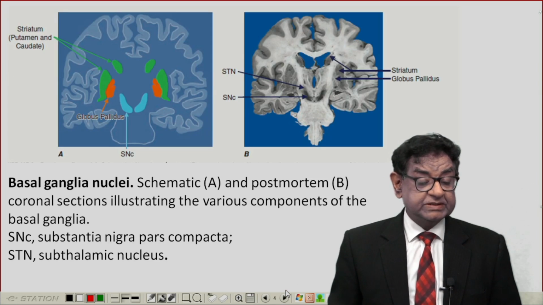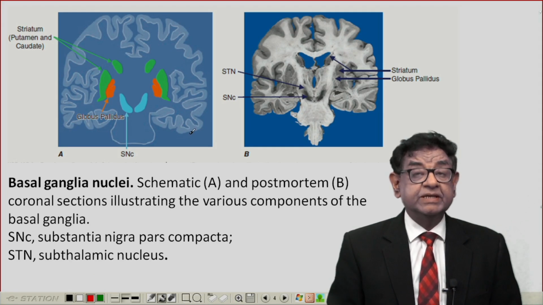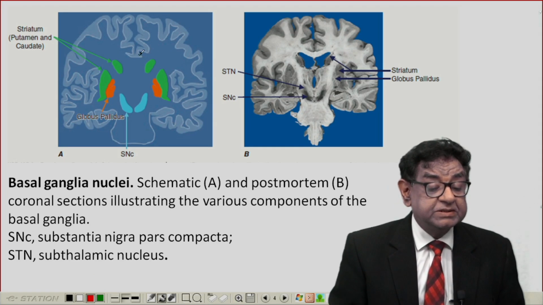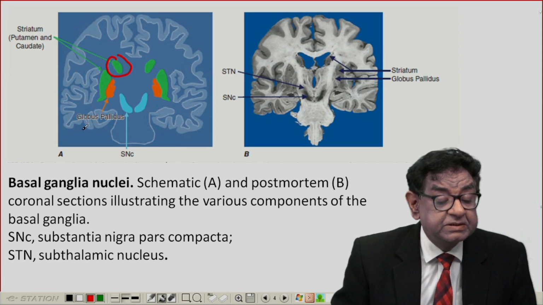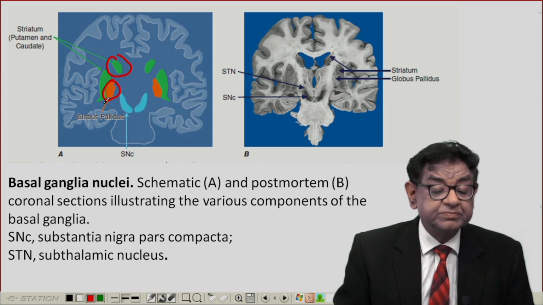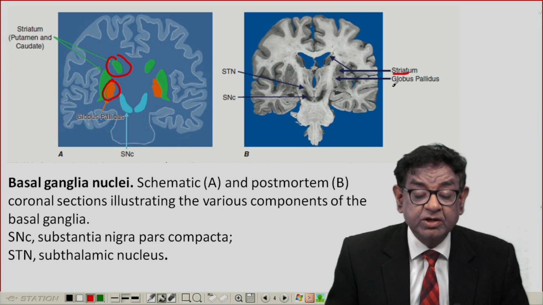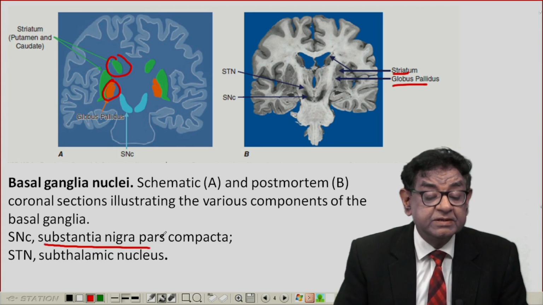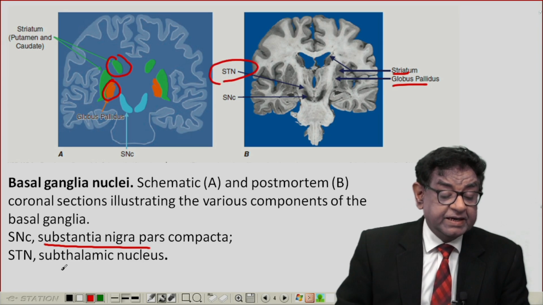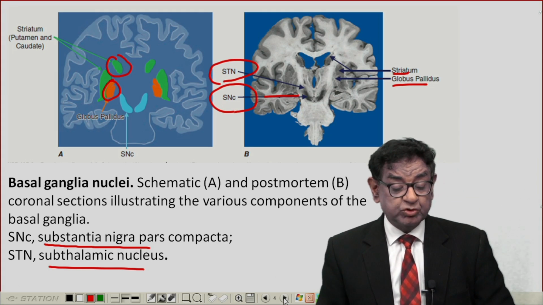Now, what is the site of disease? As I told you, the basal ganglia is the site of disease. You can see a schematic diagram. This is the corpus striatum, that is putamen and caudate, and this is the globus pallidus. Here we can see the striatum, globus pallidus, and the main thing, substantia nigra, and the subthalamic nucleus. Why is it so important to show you this?